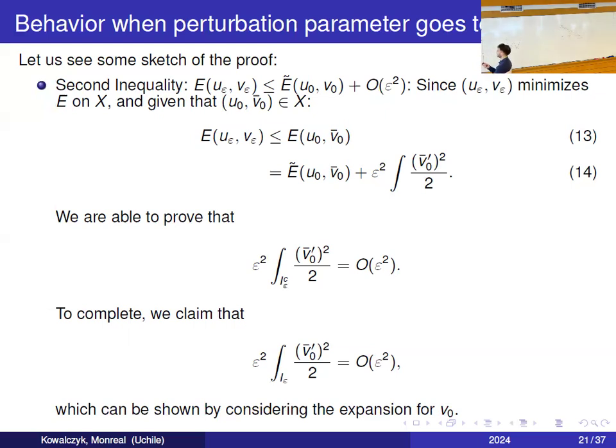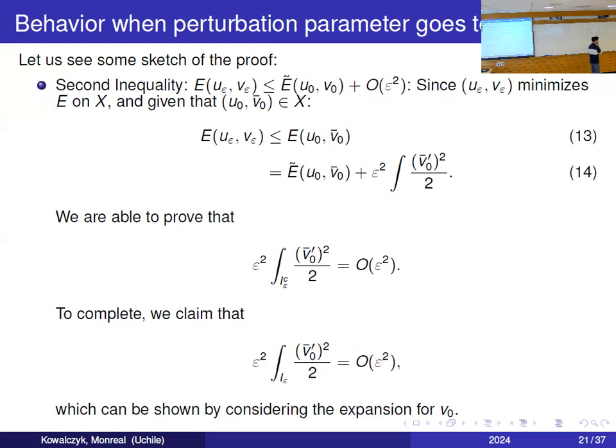And so we divide these terms, the ones associated with the Thomas-Fermi approximation, and the term that we are neglecting, we take it to this side. And what we are going to do is to prove that this term can be bounded by big O of epsilon squared, and this energy is not that far from the energy associated to u0, v0.